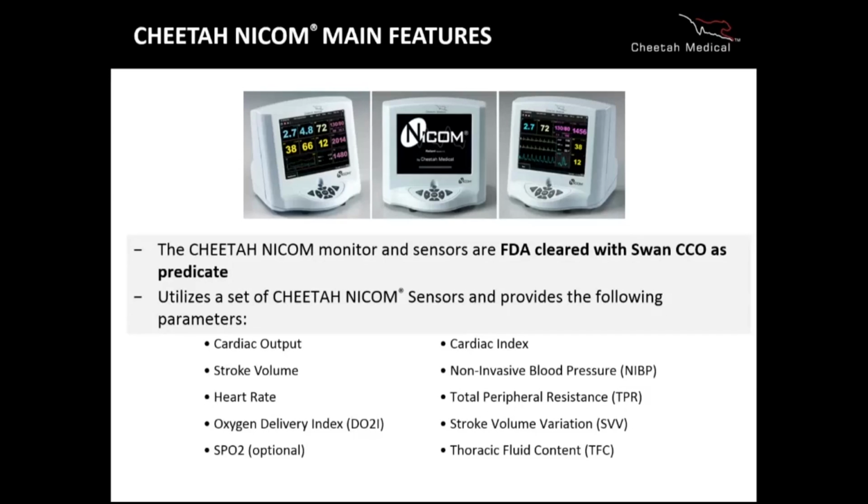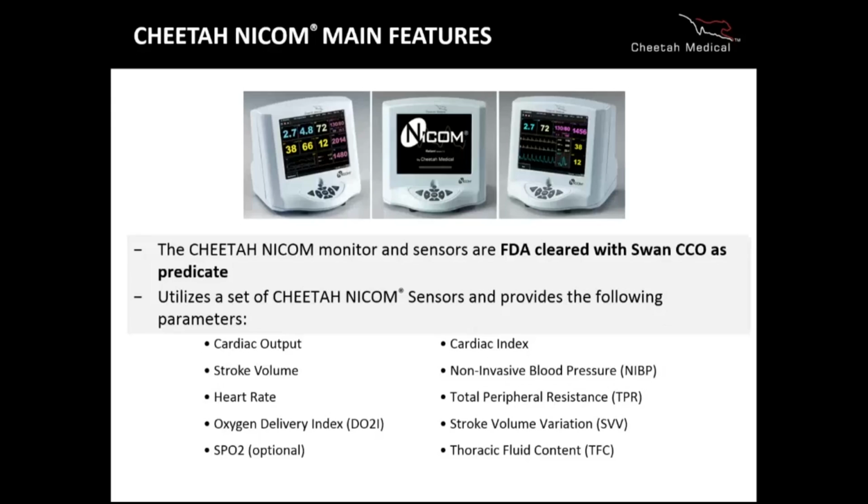The difference between the Swan and the NICOM, of course, it's totally non-invasive, so you don't have the same risks that you have with the Swan-Ganz. And then the other difference is with the Swan, you look at your PA and wedge pressures to decide whether you want to give the patient volume or not. Just remember, those are pressures. It doesn't measure flow. It doesn't measure volume.